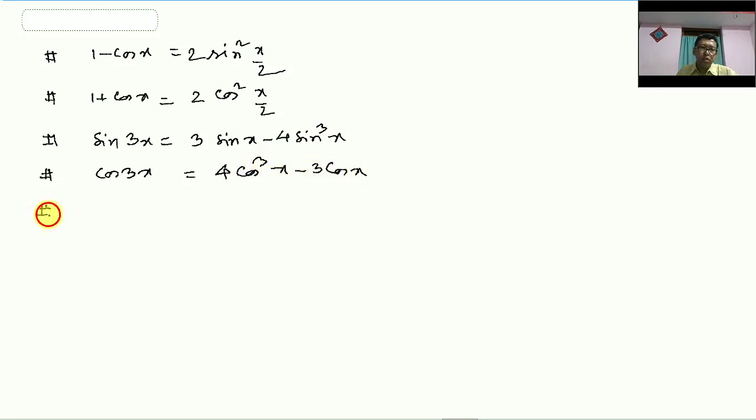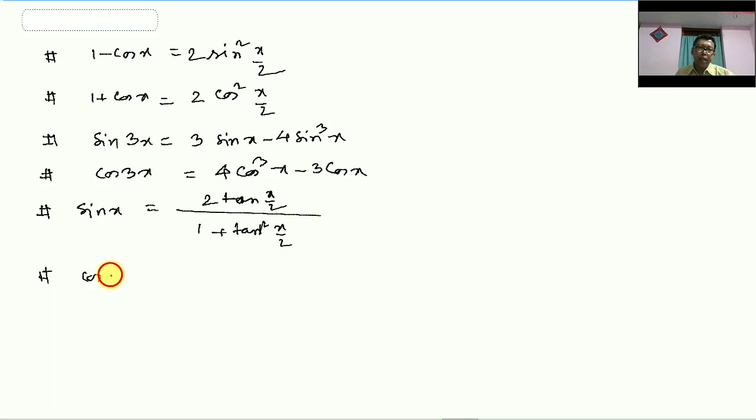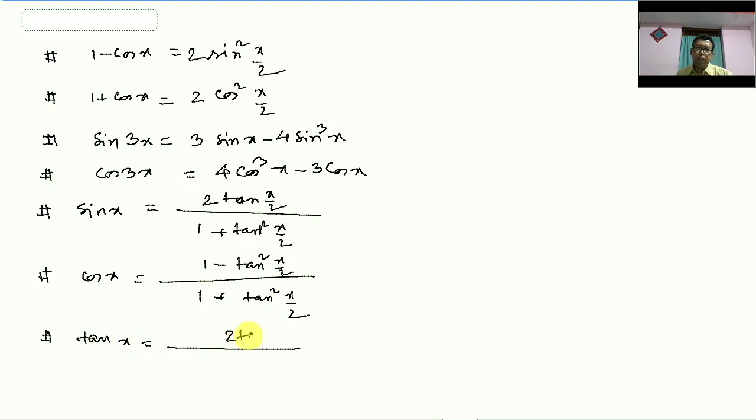Next, sin of x is equal to 2 tan of x upon 2 divided by 1 plus tan square x upon 2. This is half angle. Next, cos of x is equal to 1 minus tan square x upon 2 divided by 1 plus tan square x upon 2. Next, tan of x is equal to 2 tan x upon 2 divided by 1 minus tan square x upon 2.